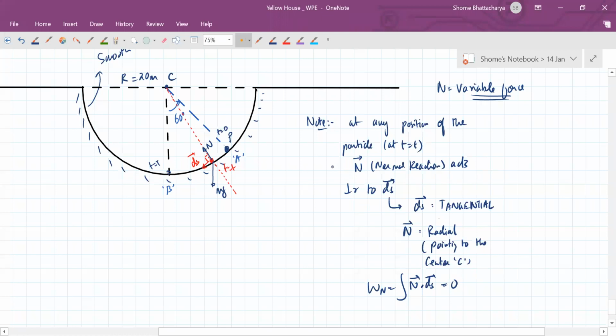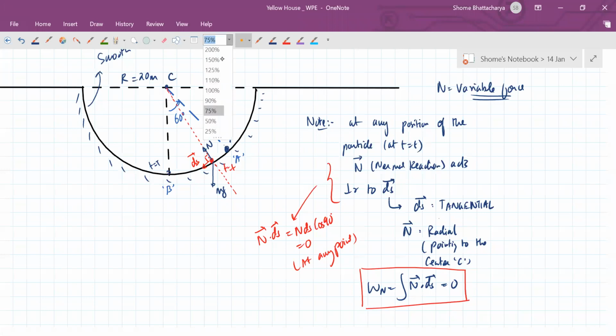So because of this, at any point from A to B, okay, the total work done by the normal reaction will be 0.